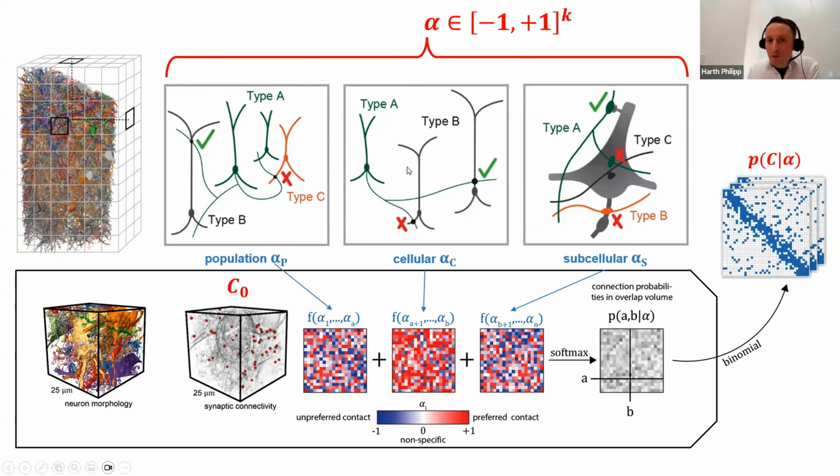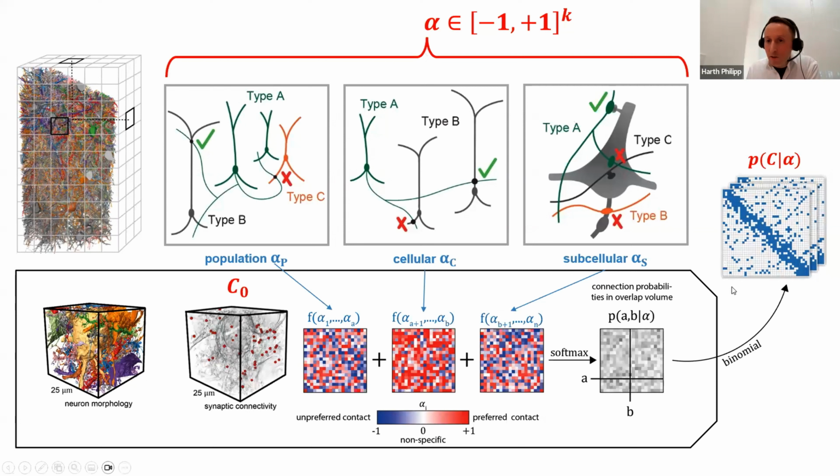The second group simulates wiring preferences or molecular recognition between individual cells, so that one specific cell pair would recognize each other and have some preferential wiring pattern.